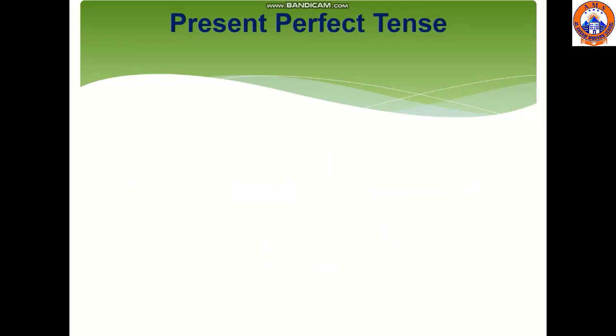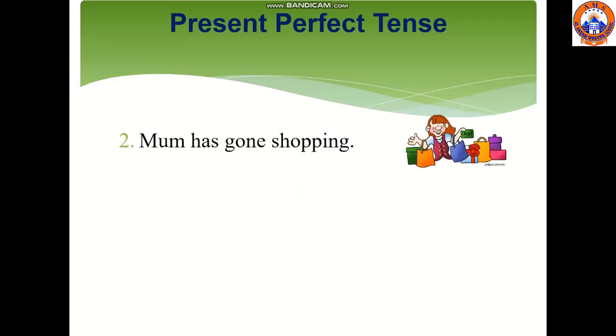Number 2. Look at the picture. Mom has gone shopping. Is Mom still shopping? No, she finished. Do you think she spent a lot of money? Yes. Why? How did you know that she spent a lot of money?